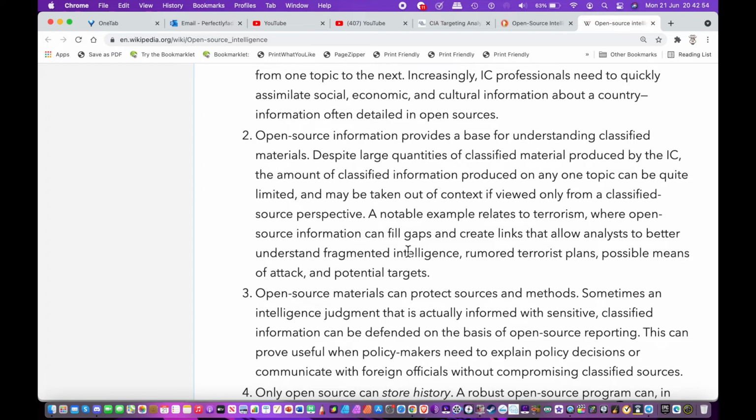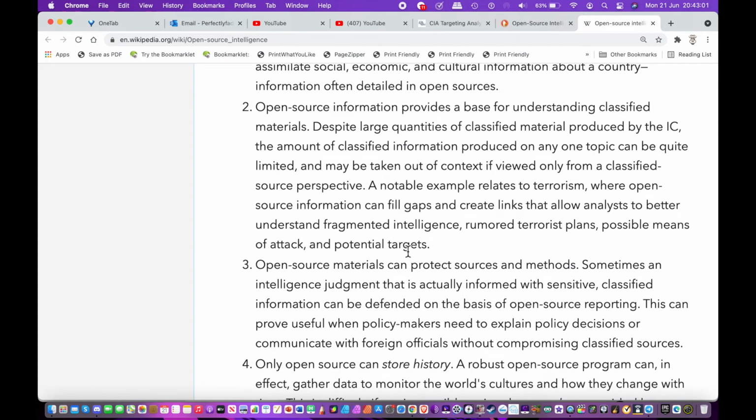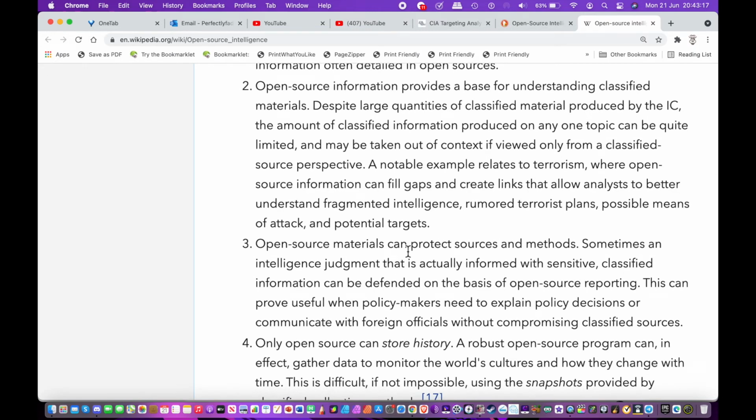A notable example relates to terrorism, where open source information can fill gaps and create links that allow analysts to better understand fragmented intelligence, rumored terrorist plans, possible means of attack, and potential targets.